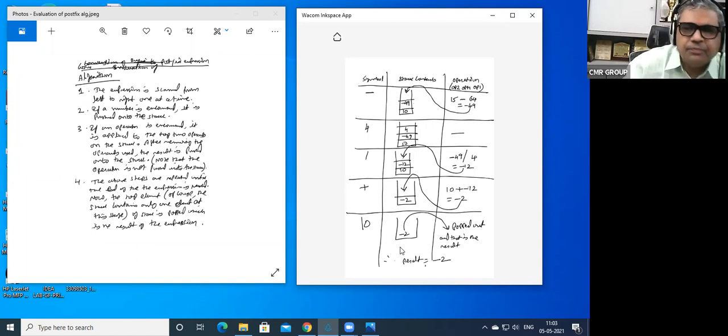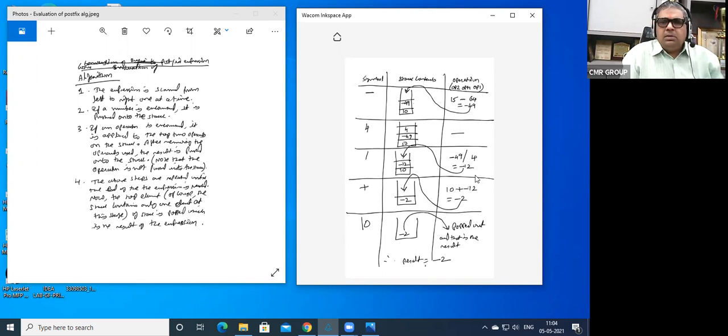Understood or not? Any doubts you have? Yes, anybody who has any doubts, you can ask. You can take your own examples and do this problem.